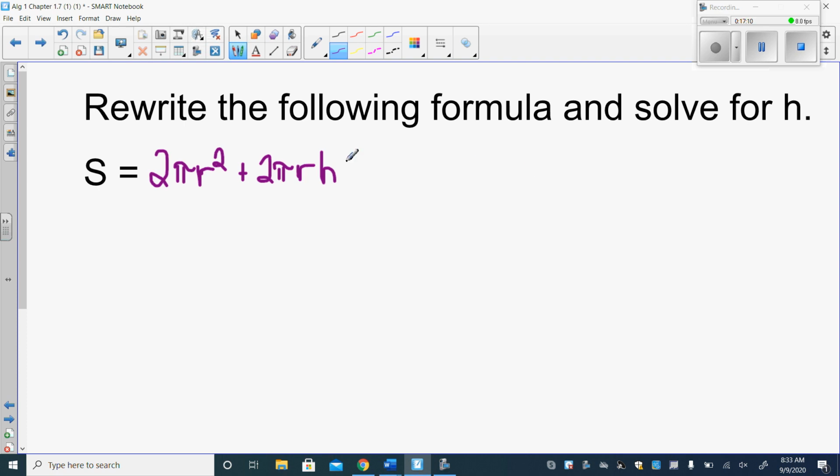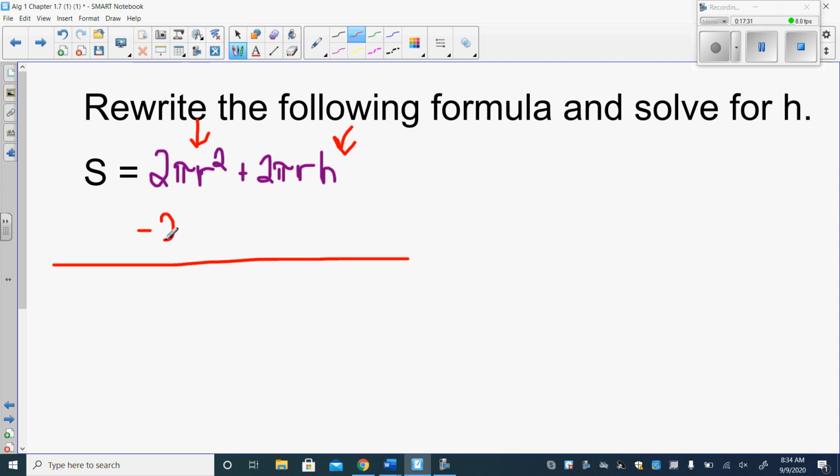So if we're trying to find the surface area of a cylinder, we use this here. Now the variable we're wanting to solve for is h. We want to get h by itself. So the first thing we're going to do is move 2 pi r squared to the other side.